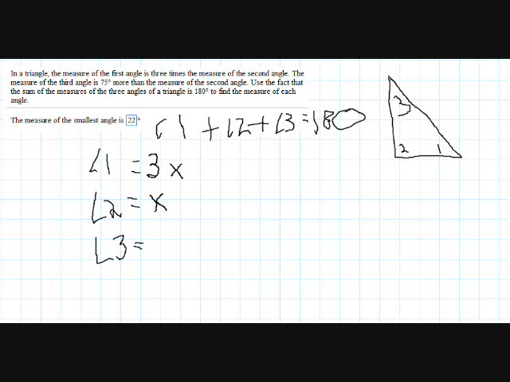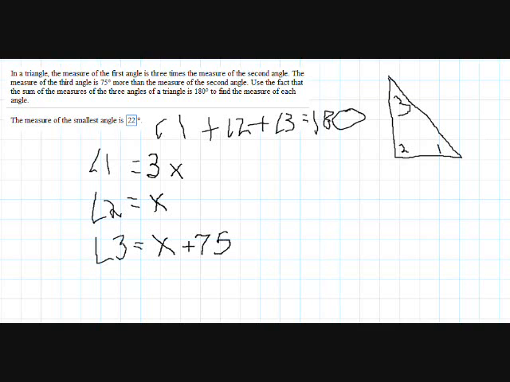Going over to the second sentence here, the measure of the third angle is 75 degrees more than the measure of the second angle. So I change this to x plus 75. Okay, now that's the hard part.